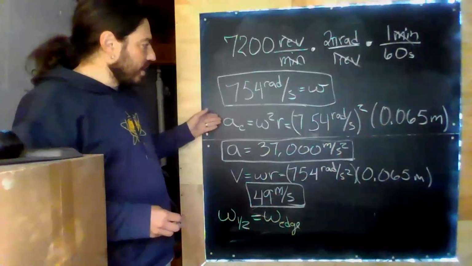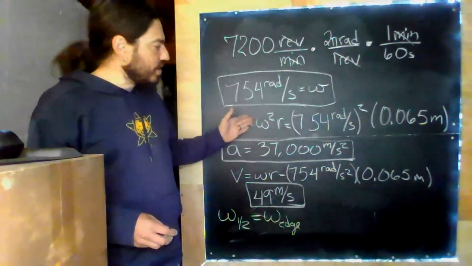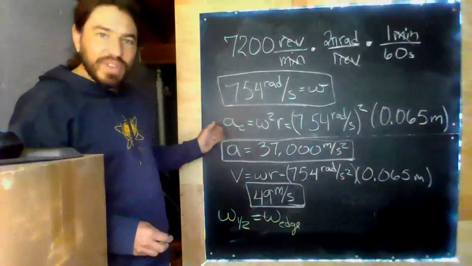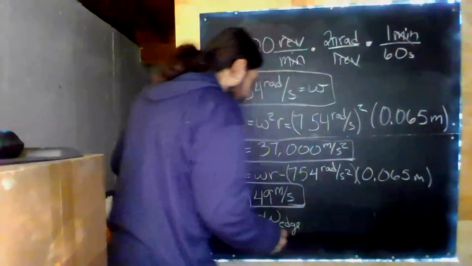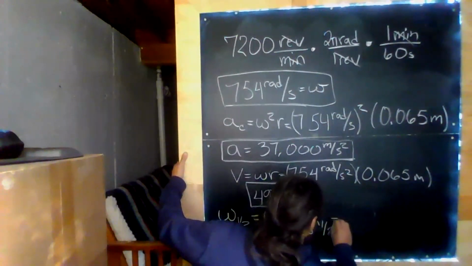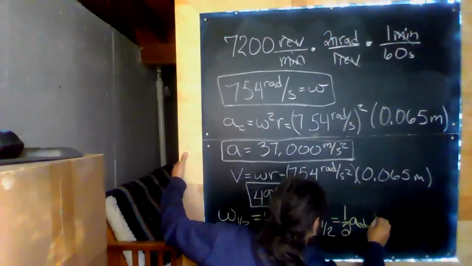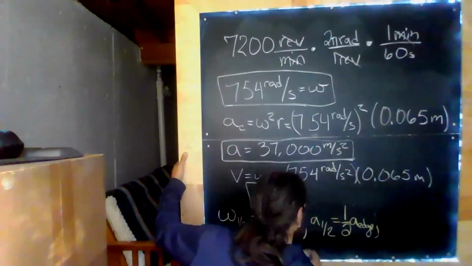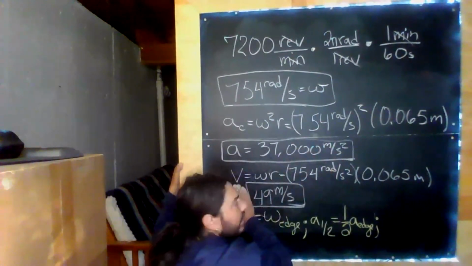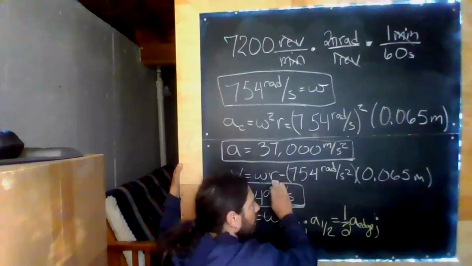How about the acceleration? The acceleration is proportional to omega squared, and that doesn't change. It's also proportional to r. So if we have half the r, don't we have half the centripetal acceleration? And so we should write that a at halfway is equal to 1/2 of a at the edge. Similarly, the linear velocity is proportional to omega, which doesn't change, and to r.